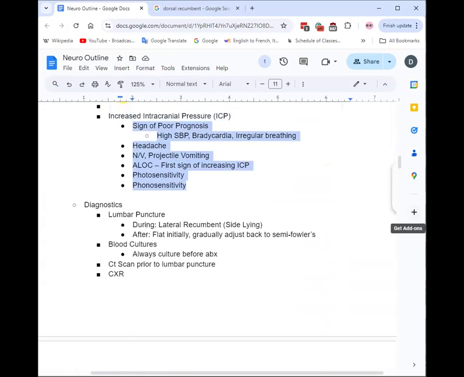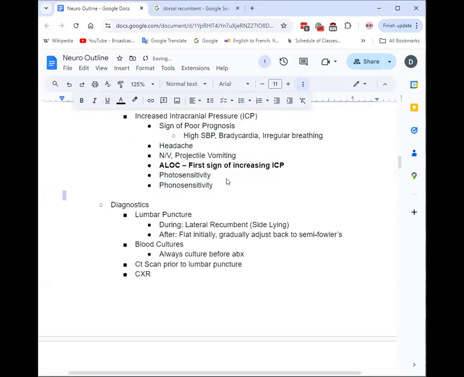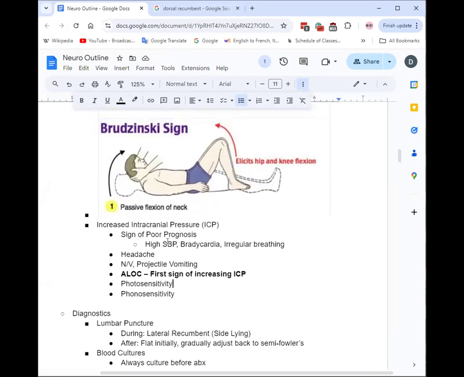Remember, your altered level of consciousness is going to be one of your first signs of increased ICP. So it makes sense that we're going to be assessing for the presence of neuro deficits.